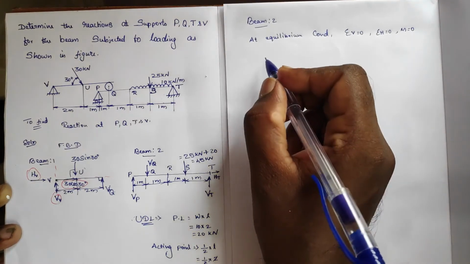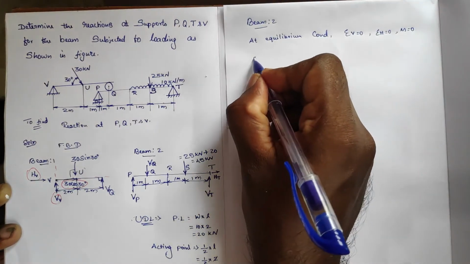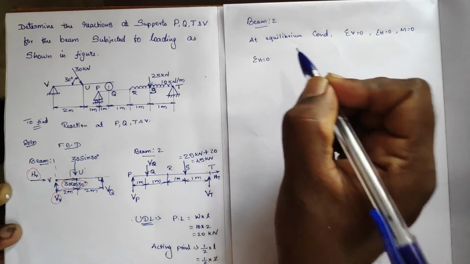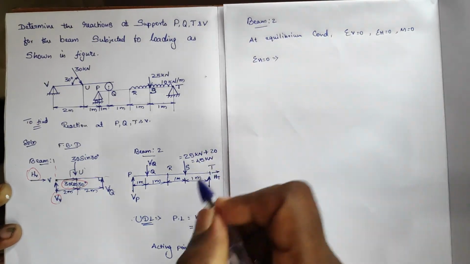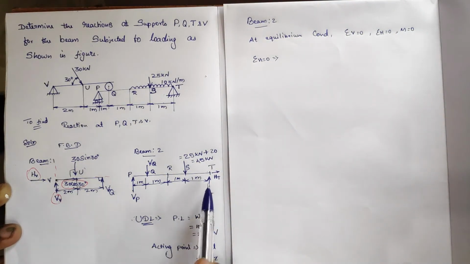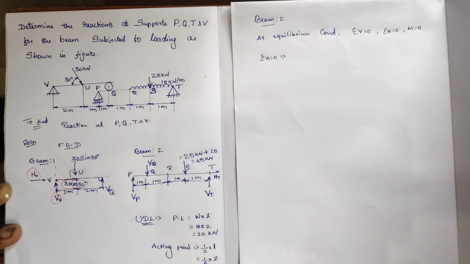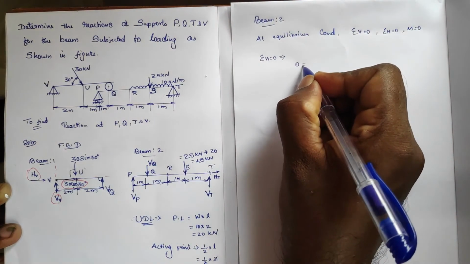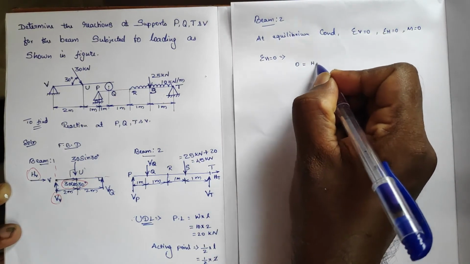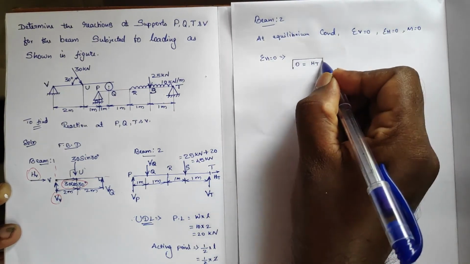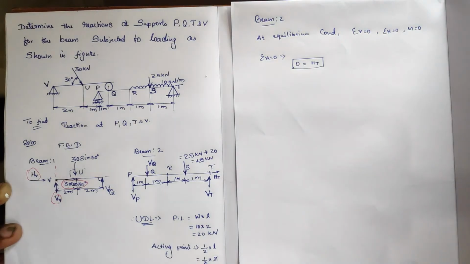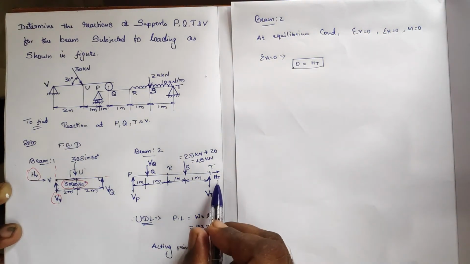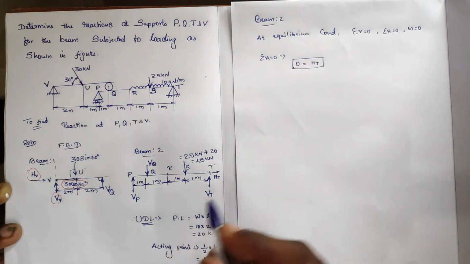So now what you can do is first start with sum of horizontal force is equal to 0. The horizontal force here is only one, HT. So 0 is equal to HT. So directly we got the answer for HT. Only one horizontal force, so directly we got it.